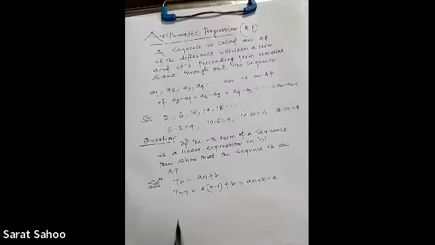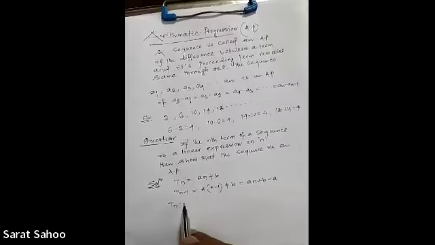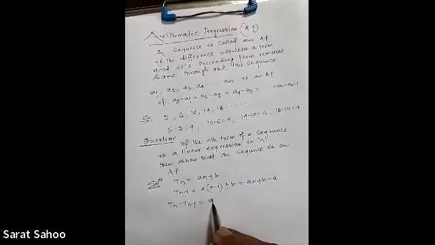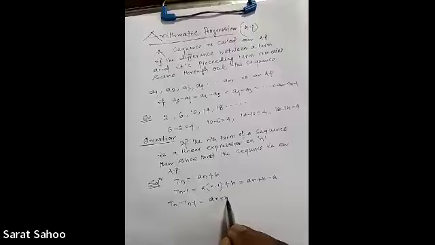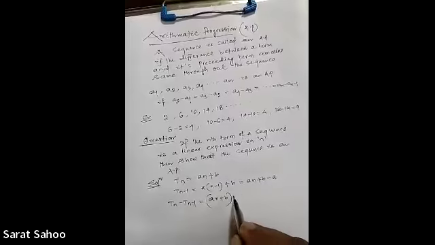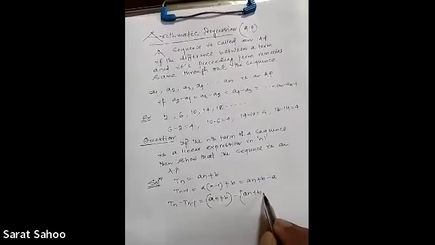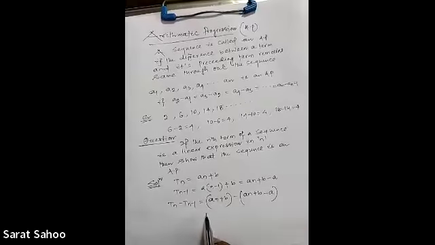Then what is the difference between the nth term and n minus 1 term? Tn minus Tn minus 1 equals an plus b minus an plus b minus a, which is equal to a.